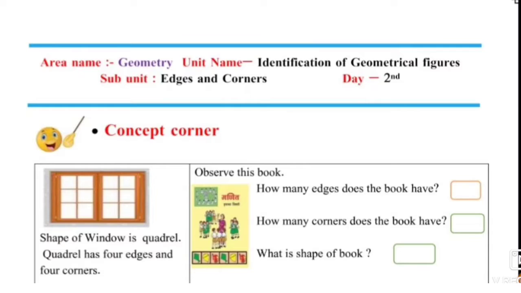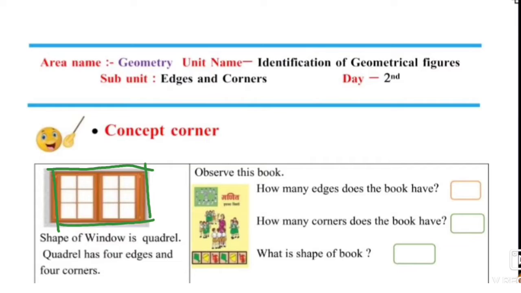Dear students, look at the picture below. Identify the geometrical figure. This is the shape of a window. Write its name: Quadrilateral. Look at the screen. I have given many pictures. You have to identify the shape of the picture, its four edges and four corners, and write their names.